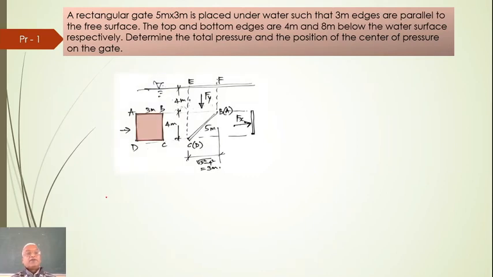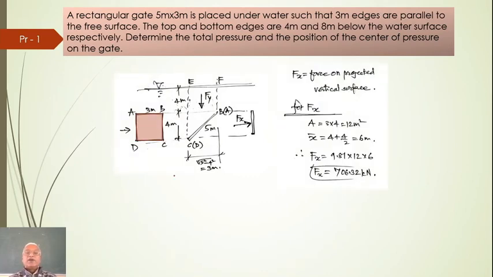Okay, now the same figure I have slightly reduced in size. Now Fx is the force on the projected vertical surface. When you project it, means when you exactly stand in front, you see it as a face with 3 meter and 4 meter. On that, whatever horizontal force is there is called Fx. For Fx, I know the formula Fx equal to gamma A x bar. So A is 3 by 4, when it is projected, obviously it has a dimension 3 by 4, equal to 12 meters square.